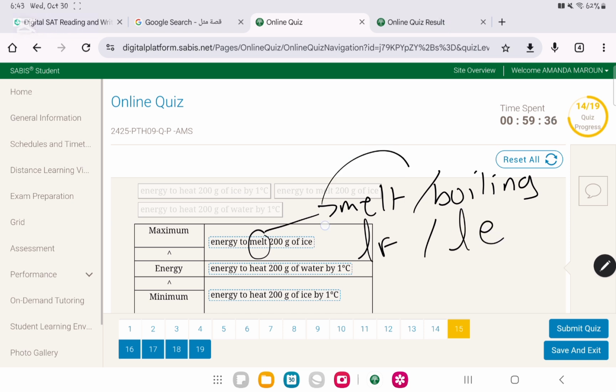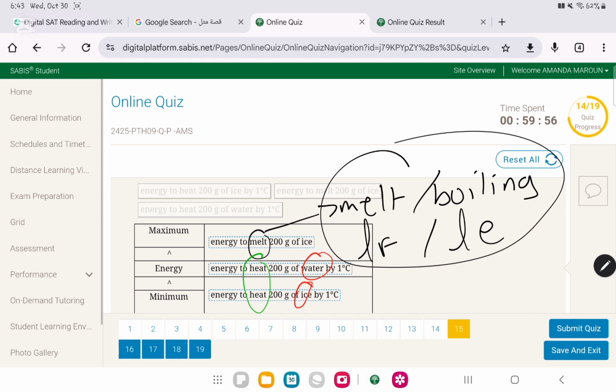If they tell you any of these four, then it has the maximum energy. It has way more energy than to simply heat something. Now, of course, water has more energy than ice, because water is a liquid, whereas ice is a solid.